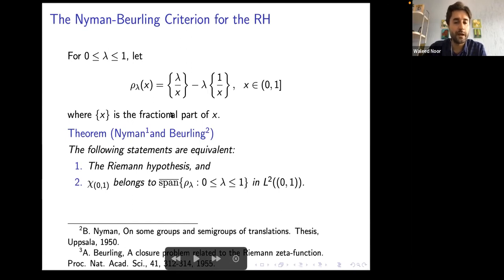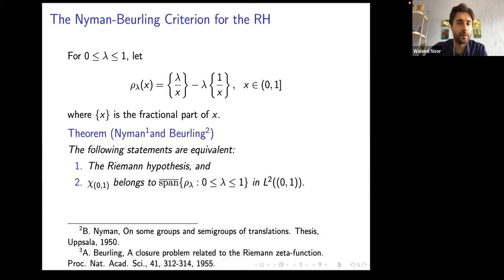So what was the Nyman-Beurling theorem? It states the following: the following 2 statements are equivalent. The Riemann hypothesis is equivalent to the characteristic function of the interval 0, 1, so basically the constant 1, belonging to the closure of the span of all of these functions in L2 of 0, 1.